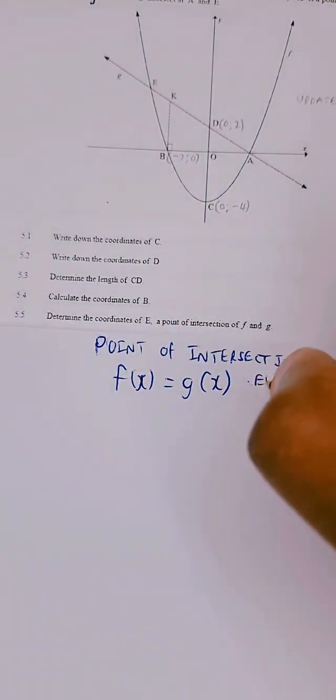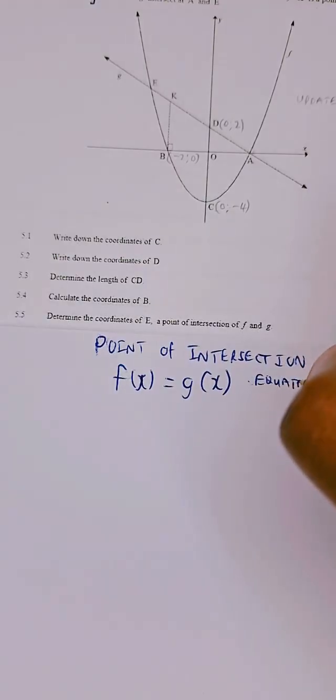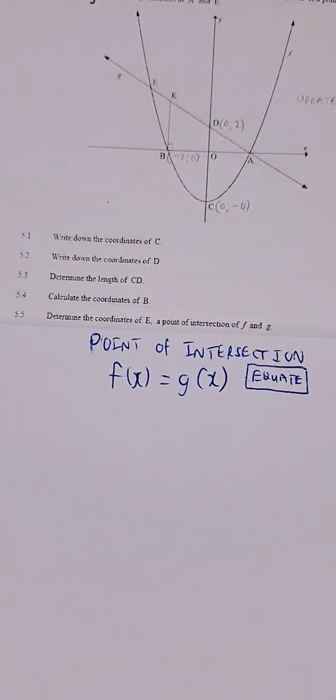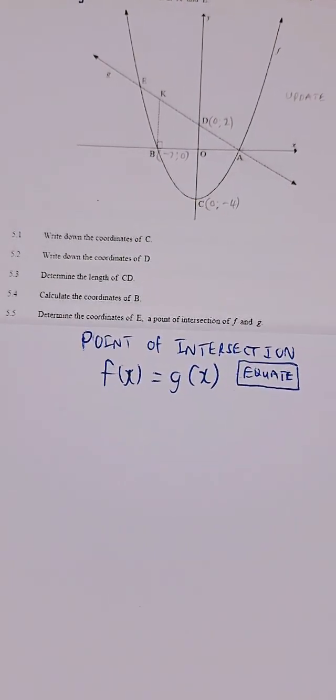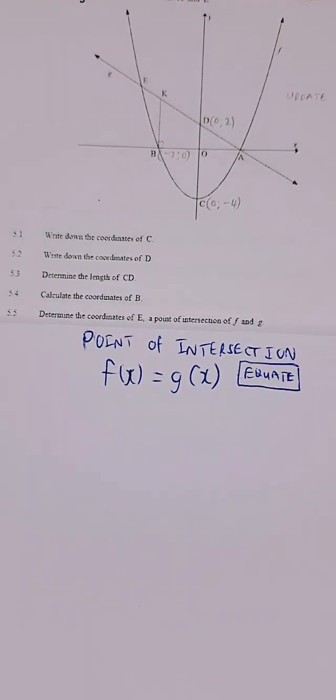We appropriately equate the two functions because we acknowledge the point of intersectionness of the two functions. This is where you start.